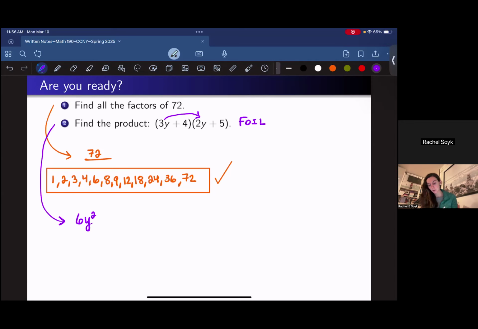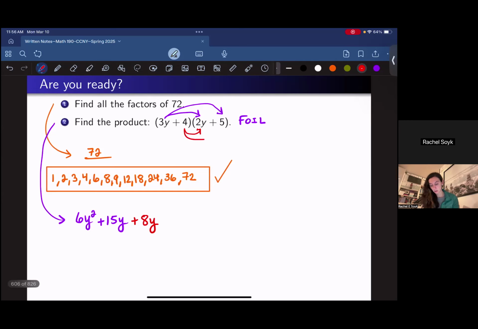Then our outer term, 3y times 5, gives us plus 15y. Our inner terms, 4 times 2y, give us plus 8y. And finally, our last term, 4 times 5, gives plus 20.